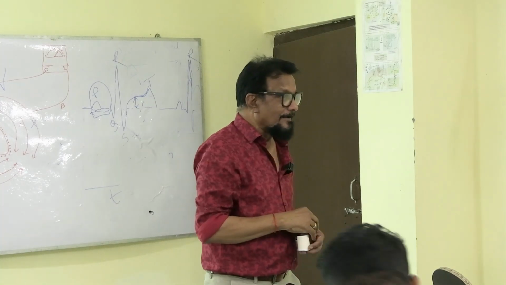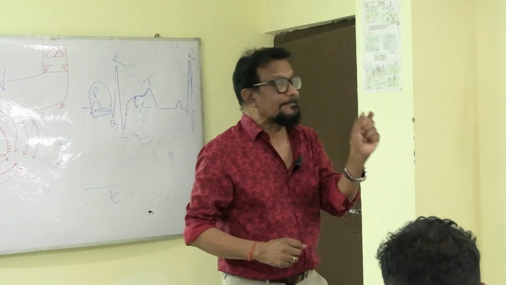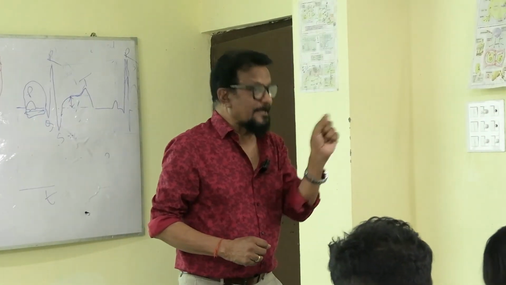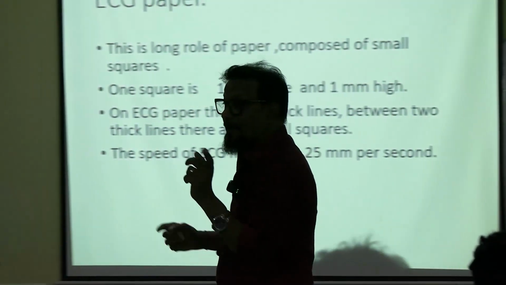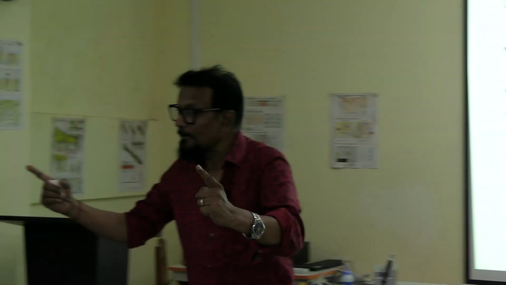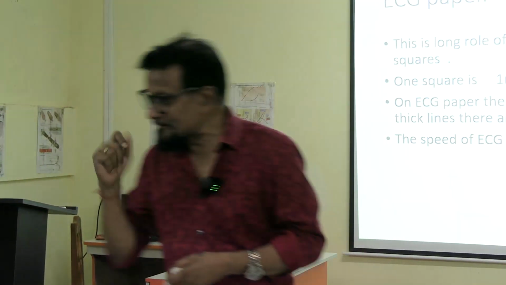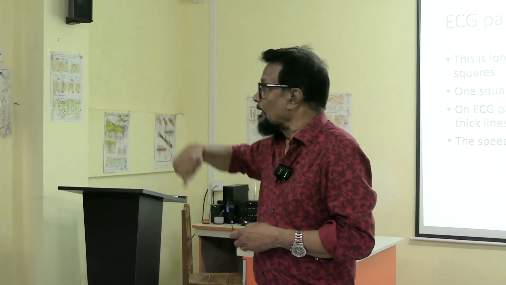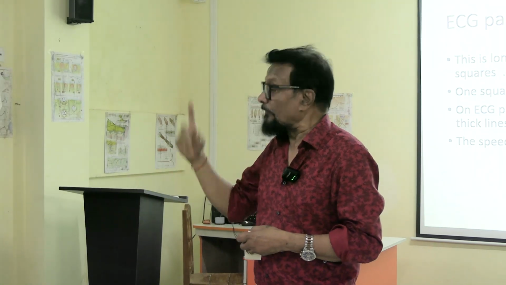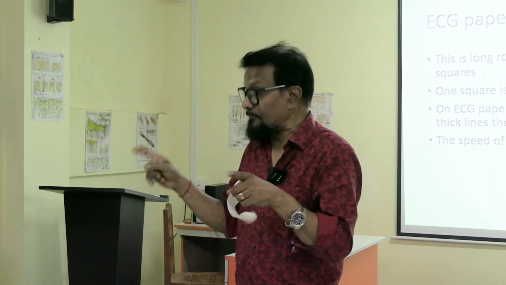You have to measure how much time it took for generation of the P wave, the QRS wave, and one beat. That's why you first have to study this paper. From this paper we will know the amplitude of each wave in millivolts, and the time duration.